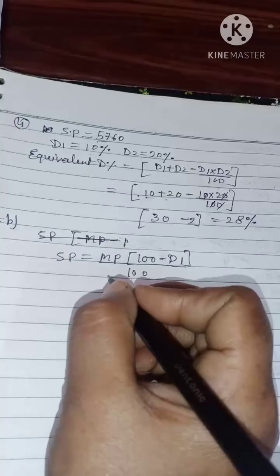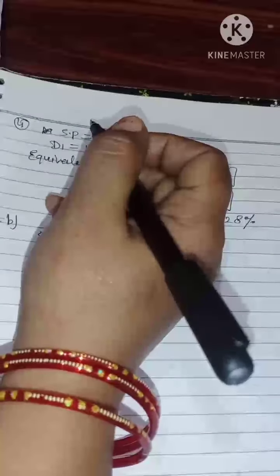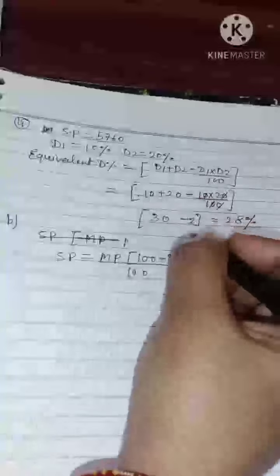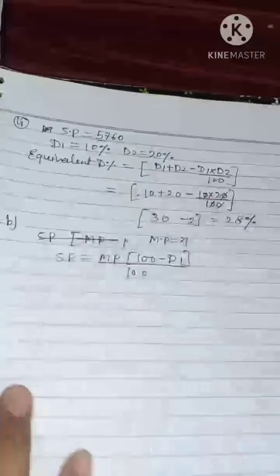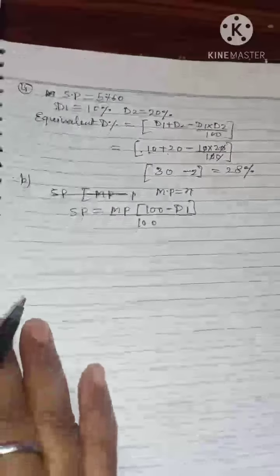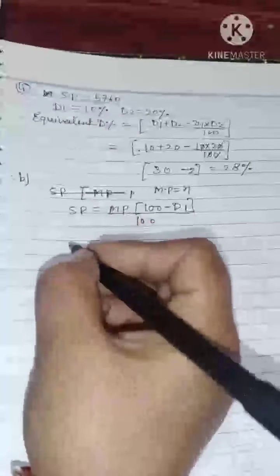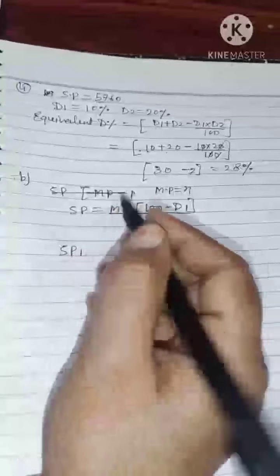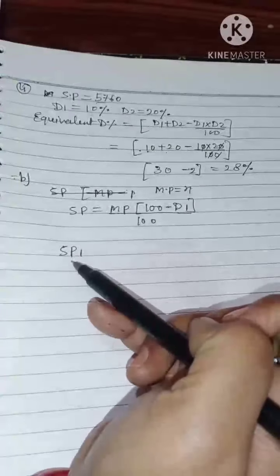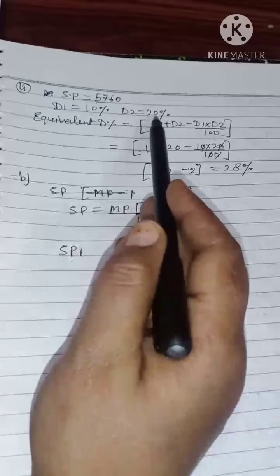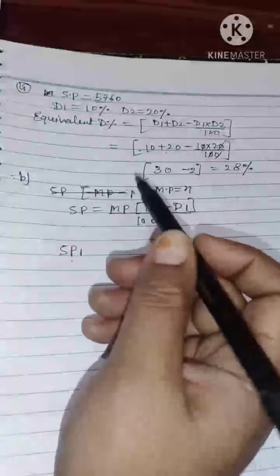We don't know the marked price, so let the marked price be X. Now the selling price SP1 will come, because one more discount he will get on it. This will not be your selling price; after this, on whatever comes, you have to give one more discount, and then the actual selling price SP2 will come.